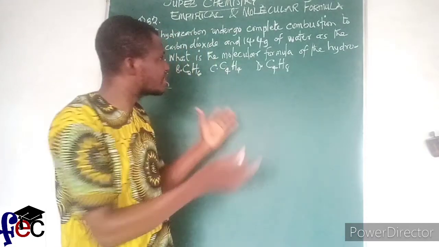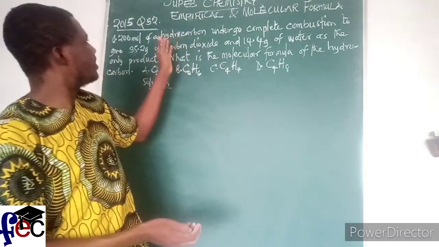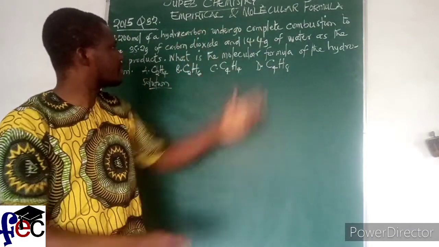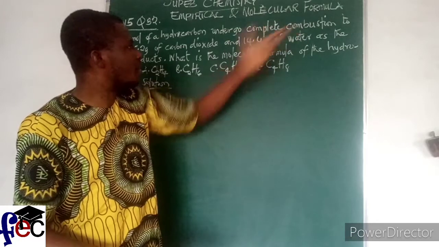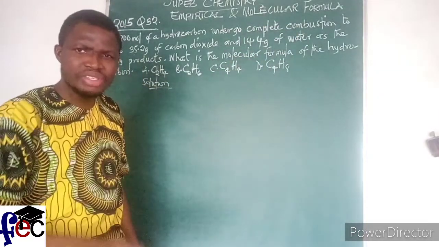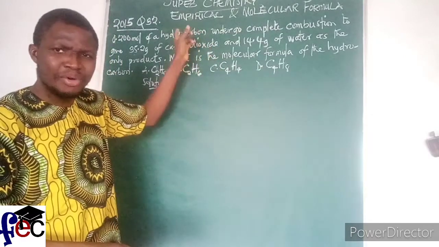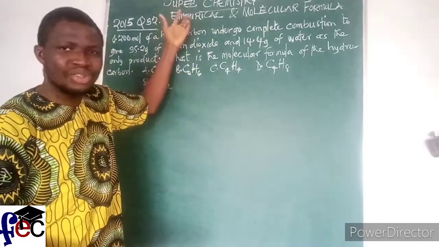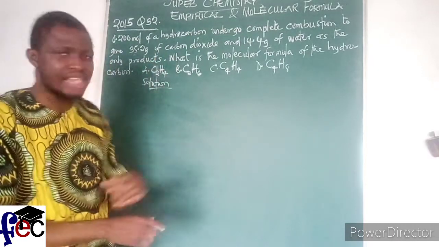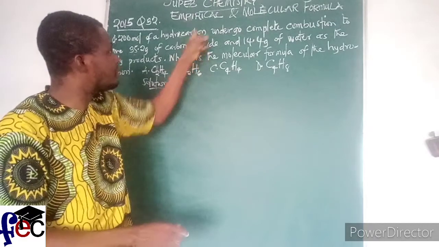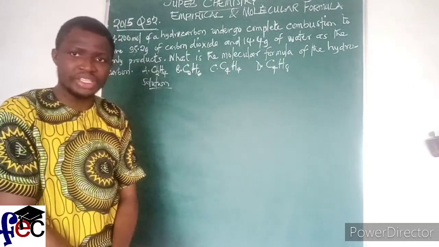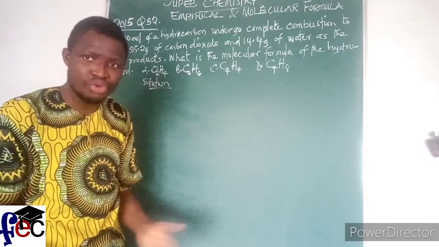So in this process, the hydrocarbon undergoing complete combustion produces carbon dioxide and water. That shows that all the carbon present in that hydrocarbon can now be found in carbon dioxide, and all the hydrogen present in that hydrocarbon is now found in that water, because water is H2O.